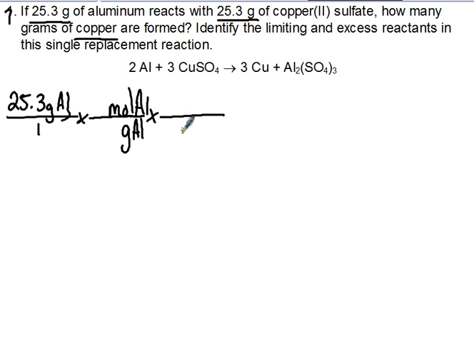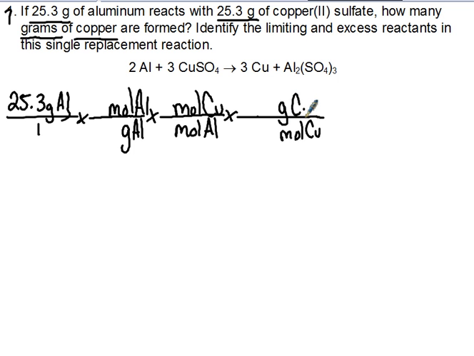We wrote moles, so we need to immediately write moles again of aluminum. And then we go back to our question. It asks us about copper, so we're going to do our mole to mole ratio for copper. Then I wrote moles of copper down here, and then I need to go to grams because it's asking about grams, so grams of copper.